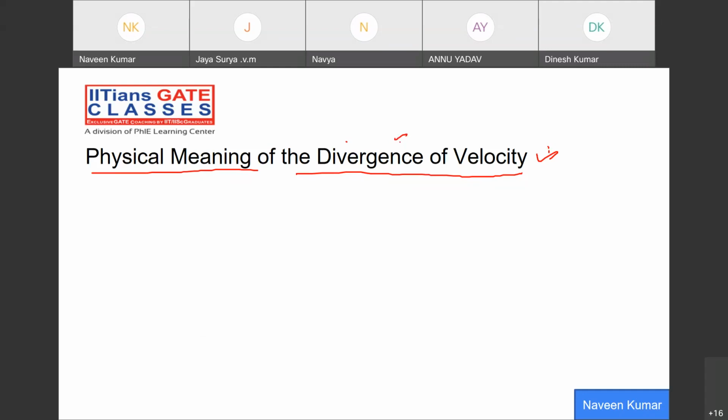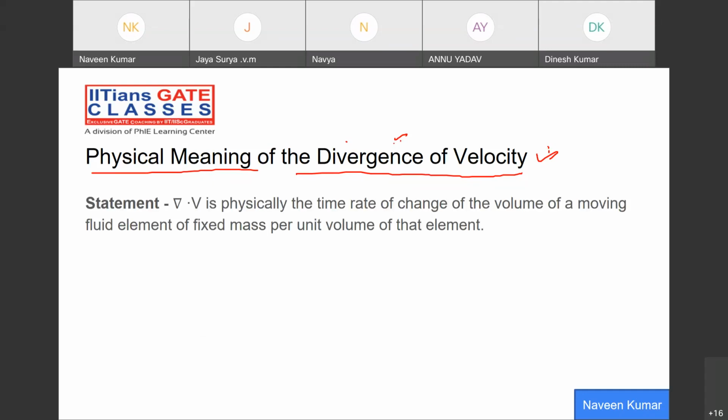Based on this, one question already came up. What is the physical significance of divergence of velocity? Okay, what is the statement? I'll prove it, don't worry, I'm just giving the statement now, and after this slide I will prove it.